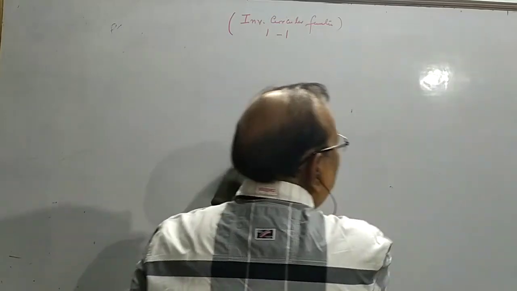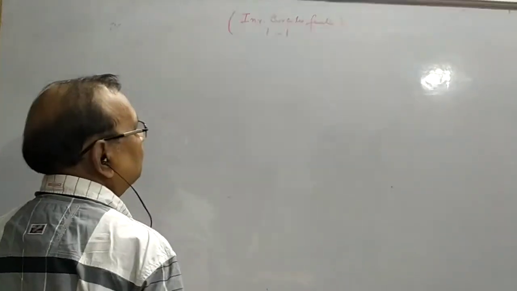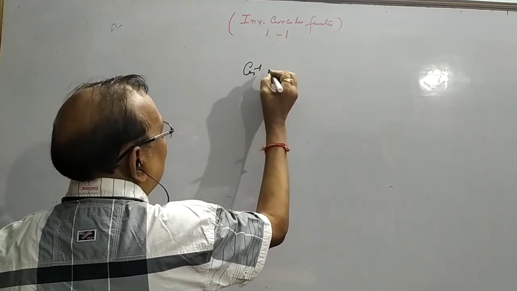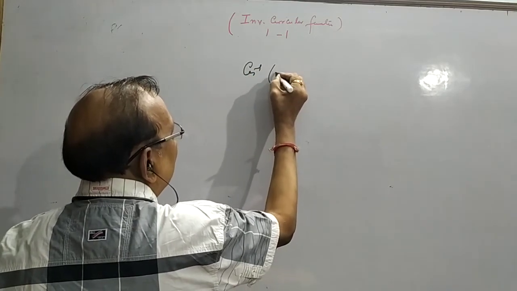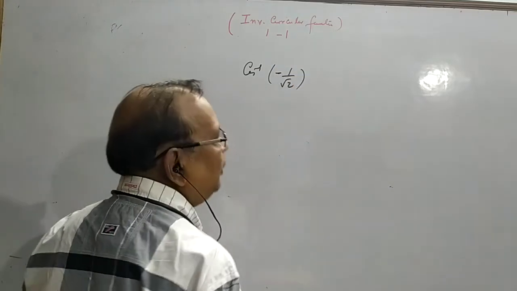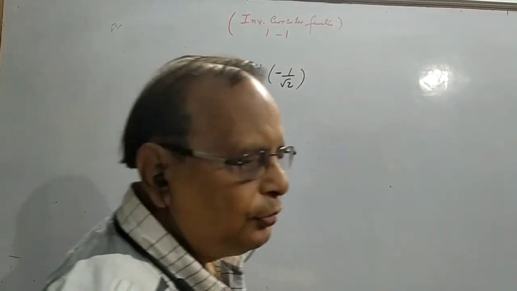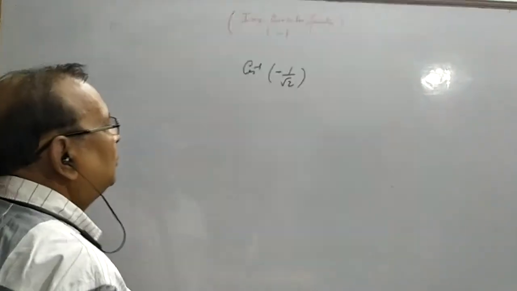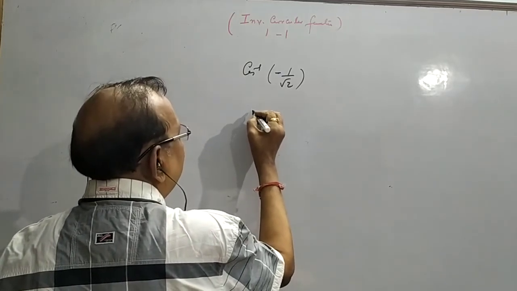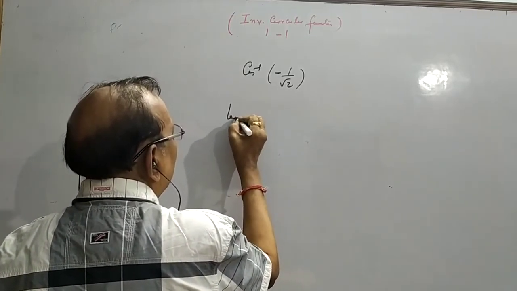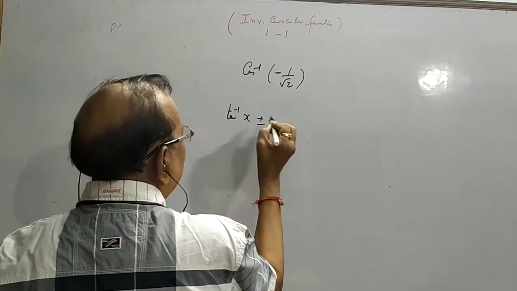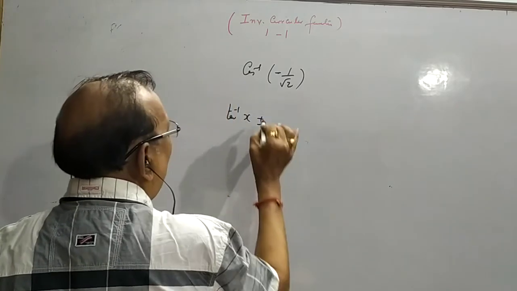I take one more example. Suppose cos inverse of minus 1 upon 2. We have to convert this into, suppose, tan inverse x plus something. How will we get this?